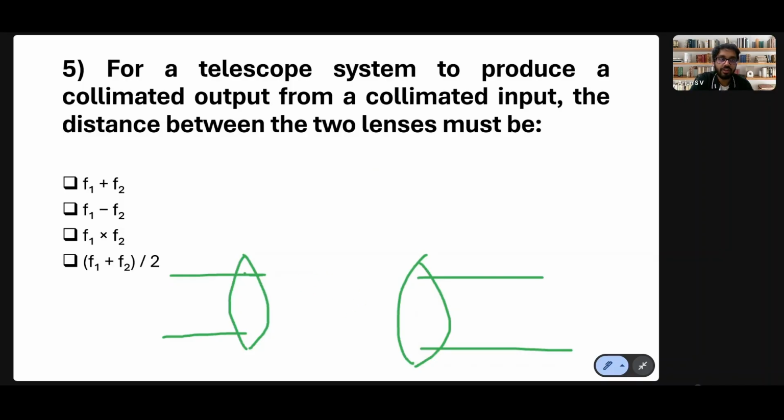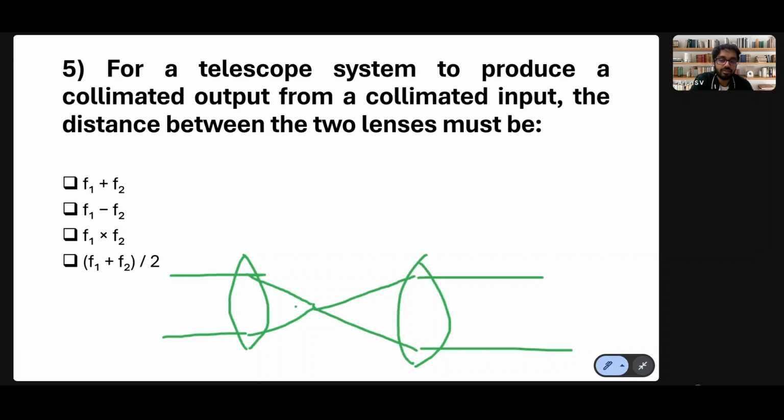If the input is collimated, the first lens will converge the beam to meet at its focal length. After converging at the focal point of the first lens, the beam will start to diverge, and when it hits the second lens, it will once again be collimated.